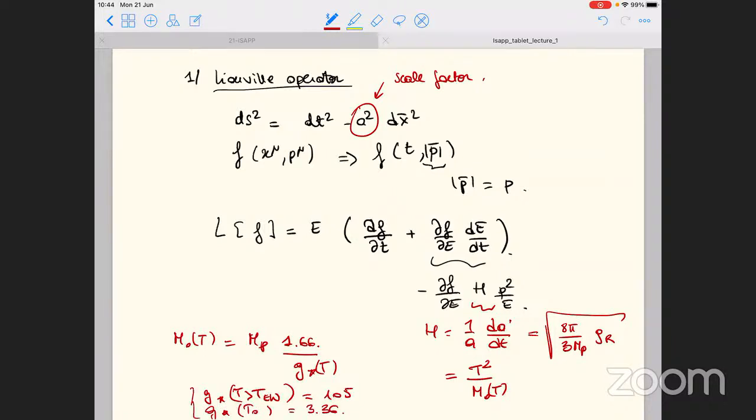Also, let me emphasize that when I say the number of relativistic degrees of freedom at temperatures above the electroweak scale, I'm just considering the degrees of freedom of the standard model here. As soon as you add particles, you should count them and add them up. But essentially, I'm just considering a very small extension of the standard model.